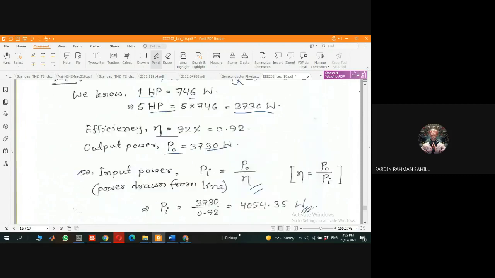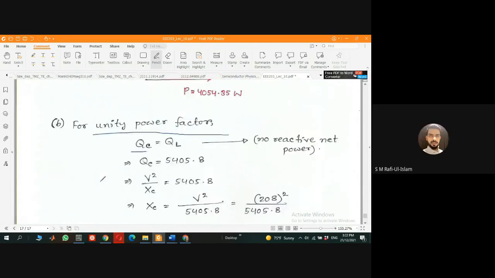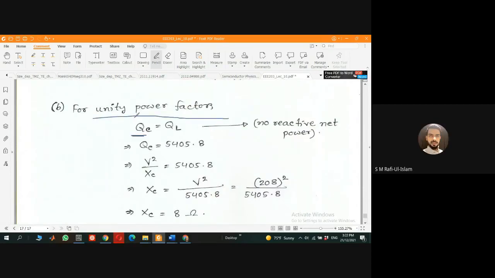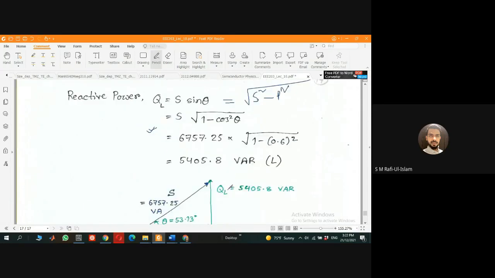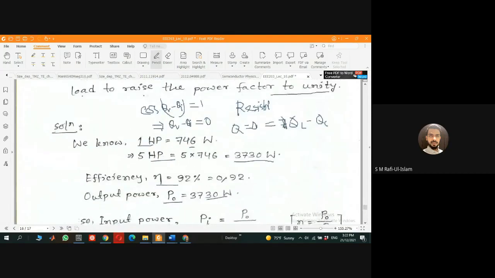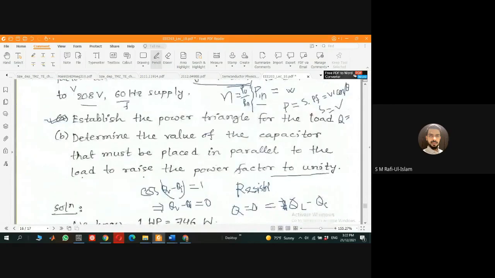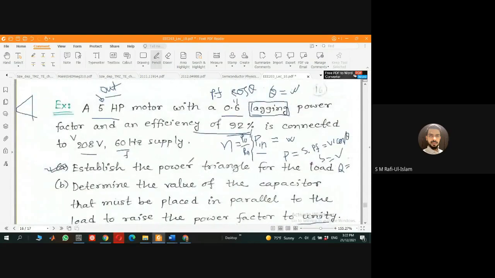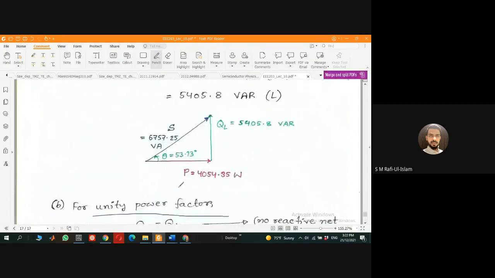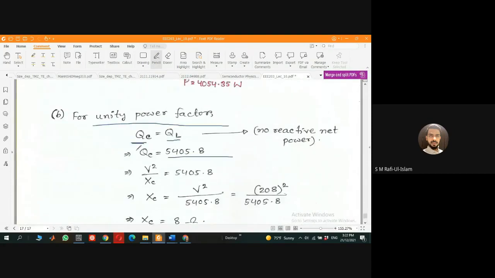So for the unity power factor, we need to use QL equals QC. We already know the value of QL. Previously, before I added the capacitor, whatever Q value we got, we need to nullify that Q value so that the total Q value will be 0.